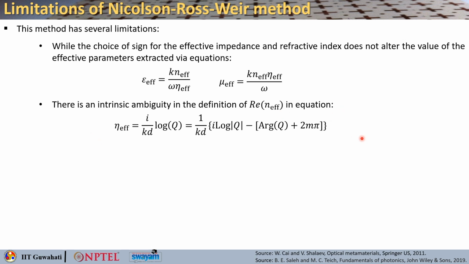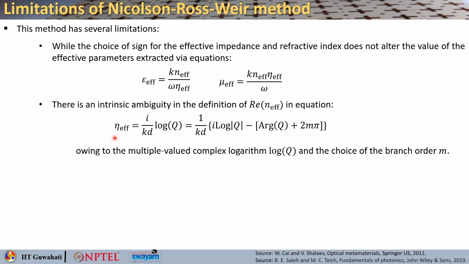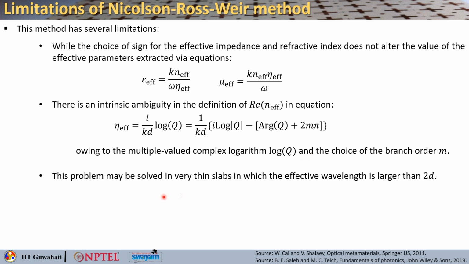It is coming from this equation, and that is mainly coming from the fact of the multi-valued complex logarithm log q, and it also depends on the choice of the branch order m. Okay. And this problem may be solved in very thin slabs in which the effective wavelength is much larger than 2d.